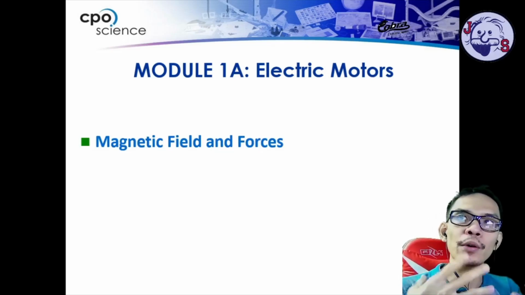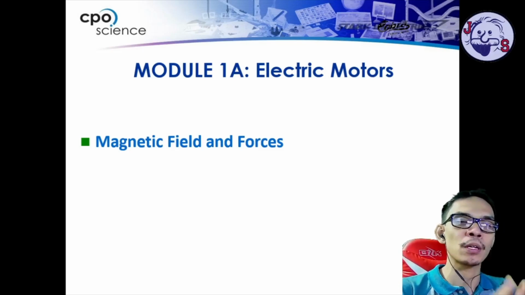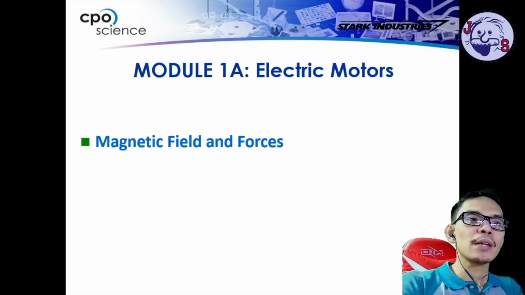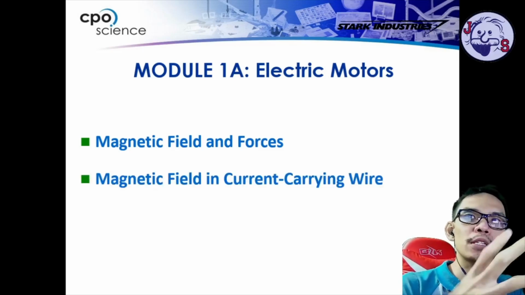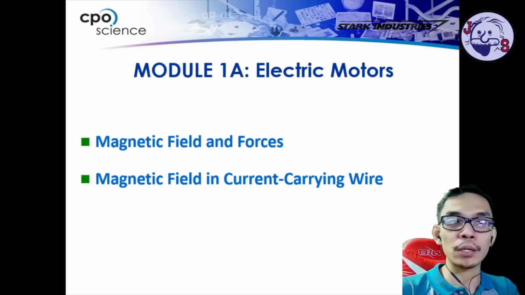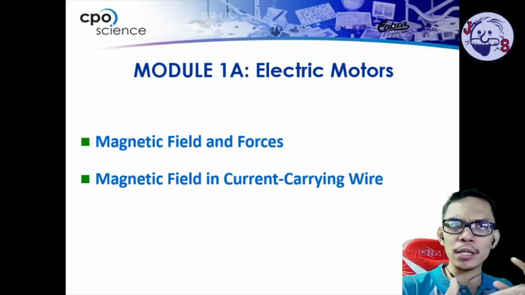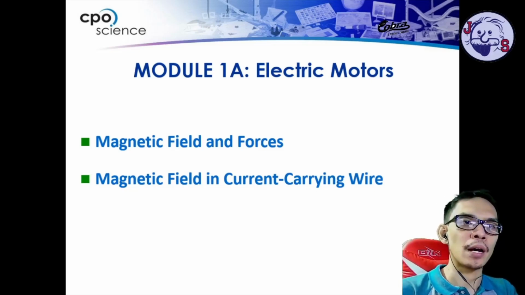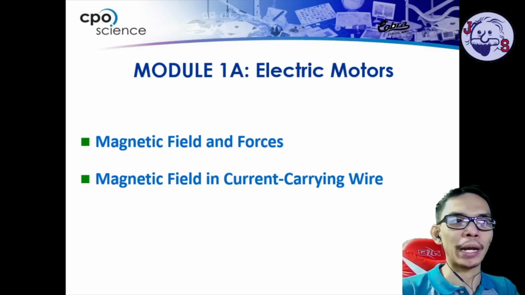The first one, we are going to talk about the basic ideas about magnetic field and magnetic forces. The second one is the magnetic field in a current carrying wire. What is the concept behind the functioning of your electric motor?